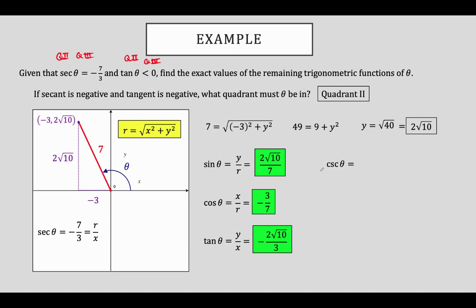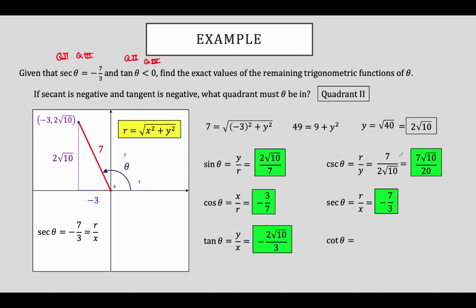Cosecant, this is the reciprocal of sine, r over y. That gives us 7 over 2 root 10, which we can then rationalize by multiplying by root 10 over root 10. This gives us 7 root 10 over 20. Secant theta, the reciprocal of cosine, r divided by x. That's going to give us negative 7 over 3.